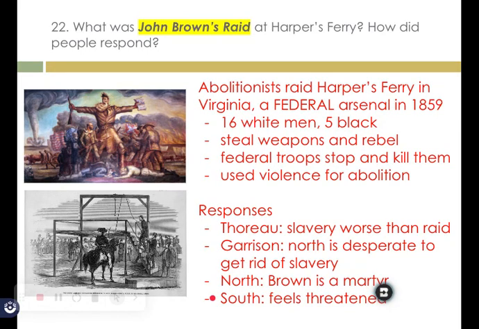Someone else is going to want to mimic him. And the South does not have any tolerance for that. They don't want to worry about a potential civil war. Now, how does this happen? It's because within this decade, throughout the 1850s, all we're trying to do is compromise and make everyone happy.